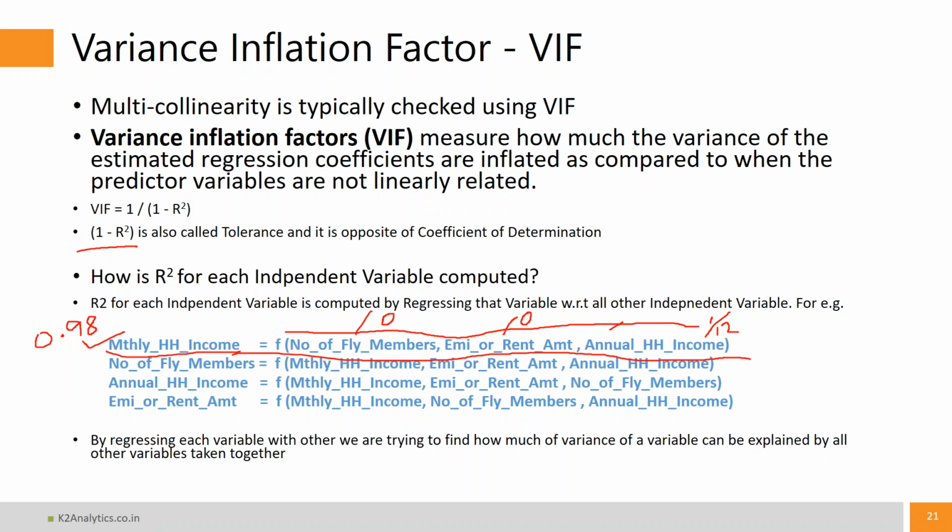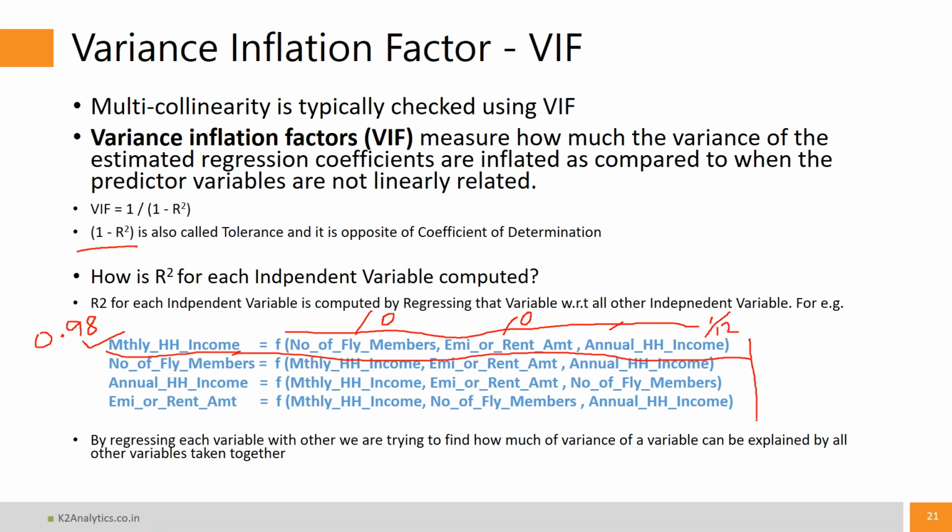So a high value of R square over here indicates there is a problem of multicollinearity. So a high value of R square for any of these models indicates there is a problem of multicollinearity.